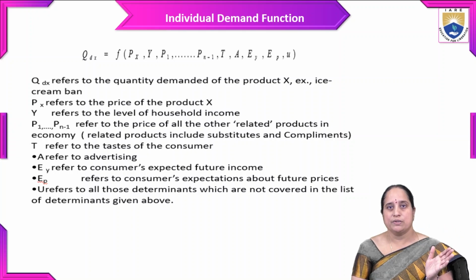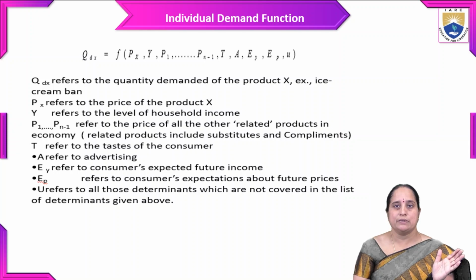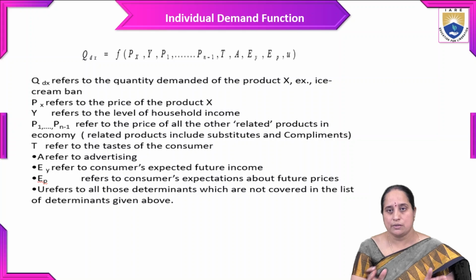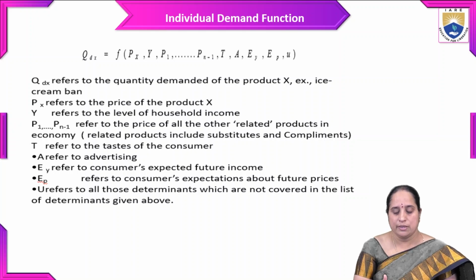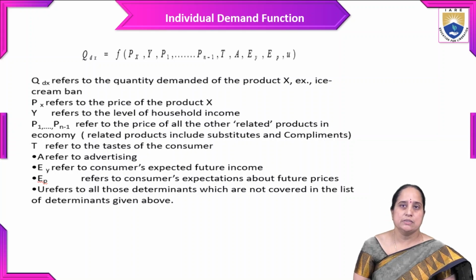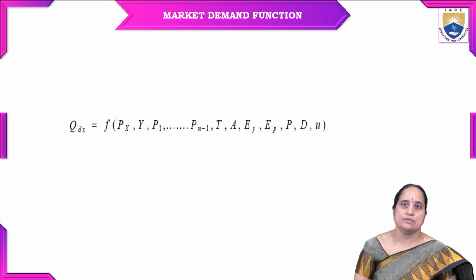Then the consumer will decide to wait for that decrease, and whenever there is a decrease in the price, immediately they are going to buy the product. That's how they make their purchasing decisions. And U refers to all those determinants which are not covered in the list of determinants given above. So this is about the individual demand function.